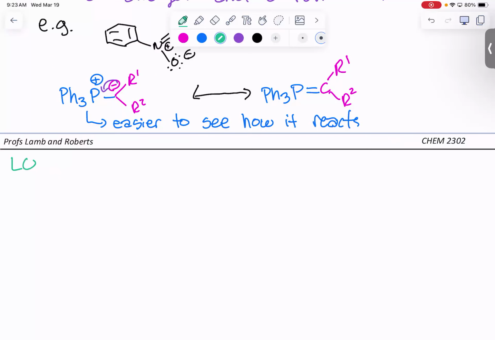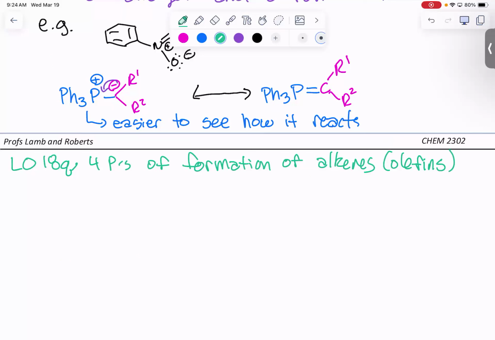All right, so our next learning objective is sort of the entire reaction. So this is 18Q, our next learning objective. This is the 4 P's. So we are going to look at the mechanism, which is why I wanted to draw out that negative charge for you. So the 4 P's of formation of alkenes. I'm going to put in parentheses olefins, right? That's the same word, but people use this a lot.